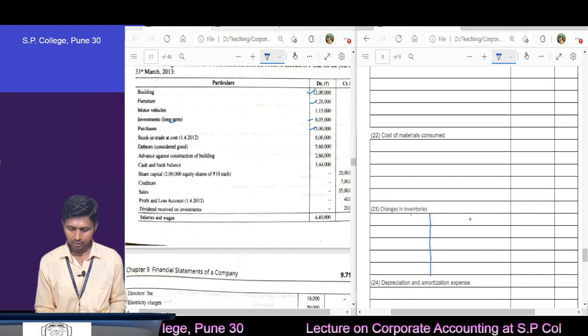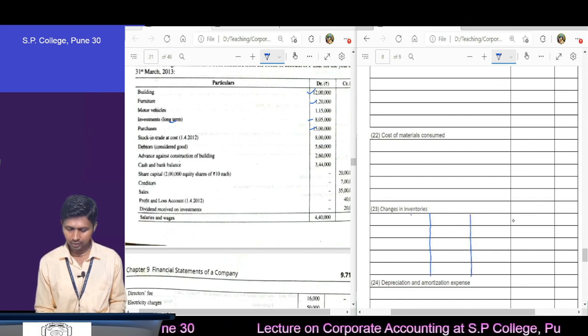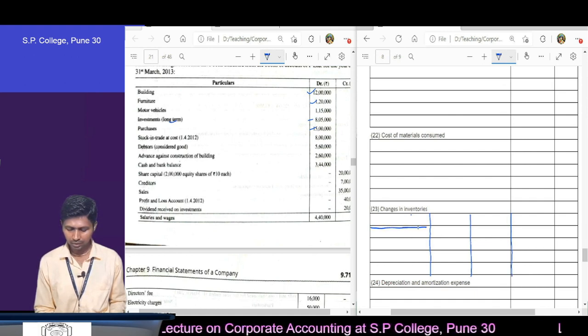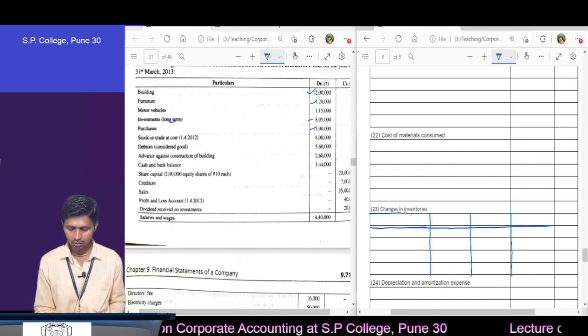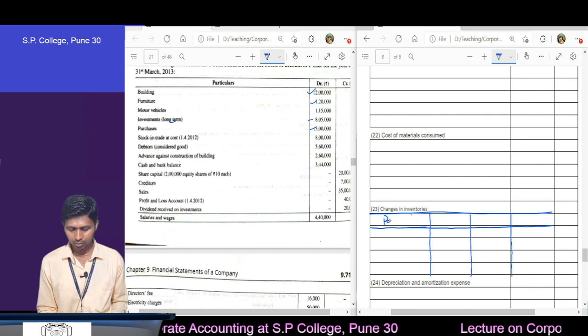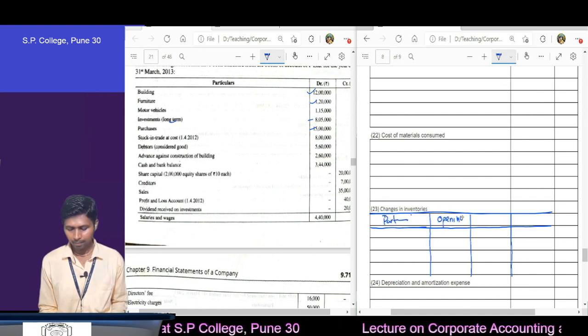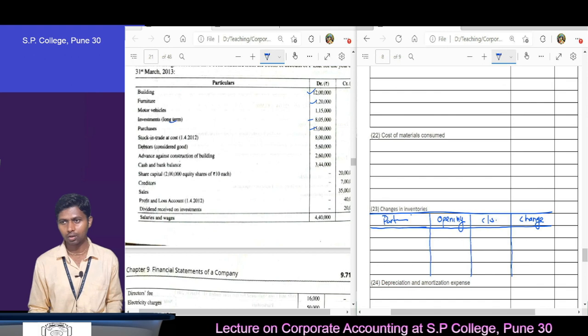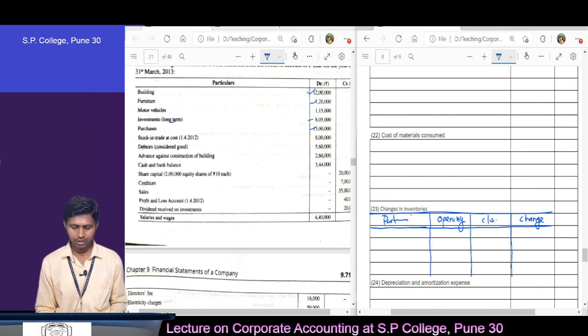Instead, just divide this 23 into 2 to 3 parts. Like this, draw the table. In the table, write particulars, then opening, then closing, and then finally write in the current year column the change. We are interested in change.